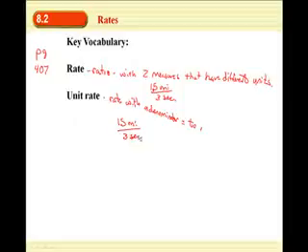This is not a unit rate because this bottom number is not a 1. Well, to make 3 a 1, you would divide it by 3. And since it's a fraction, if we divide the bottom by 3, we divide the top by 3. So that's the same as saying you're going 5 miles in 1 second. Okay? And we'll talk about unit rates.